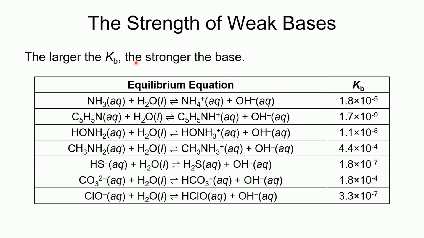Just like with Ka, the larger the value of Kb, the stronger the base. So all of these do count as weak bases, but the bigger the value, like this one for methylamine here, 4.4 times 10 to the negative 4, that is the strongest on this list. The weakest on this list is the C5H5N, which is called pyridine, in case you're curious.